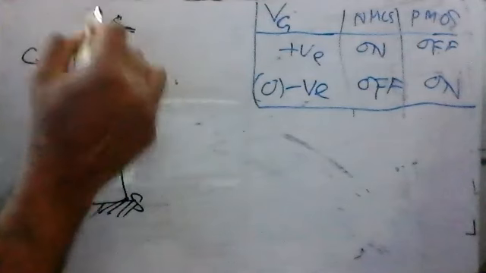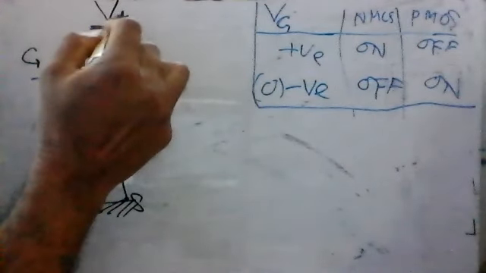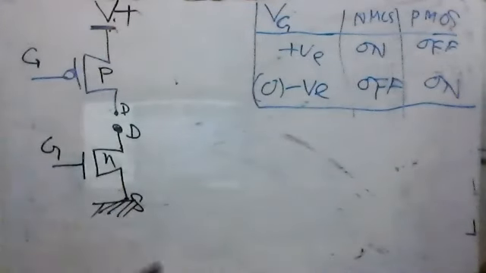The source for the PMOS is high voltage. That means here we apply a positive voltage, we call it VDD. Let's say it's a positive voltage here, and there is ground here.